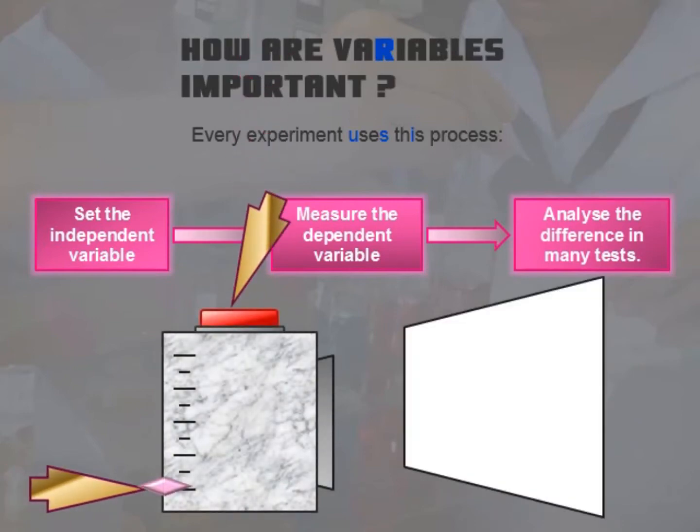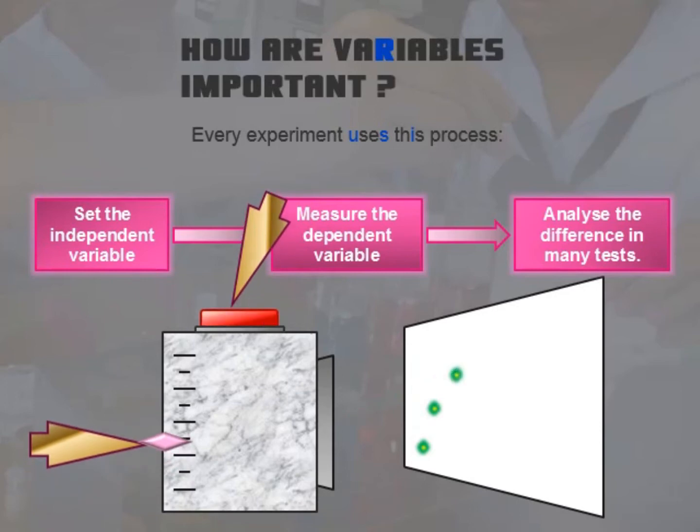So let's look at this machine here that we've made. It's just a white box with a red button on the top, and we have a slider on the left. And if we press the red button, we get a little dot on our piece of paper. Let's move the slider and then press the button again. The dot has moved. Let's try that again.